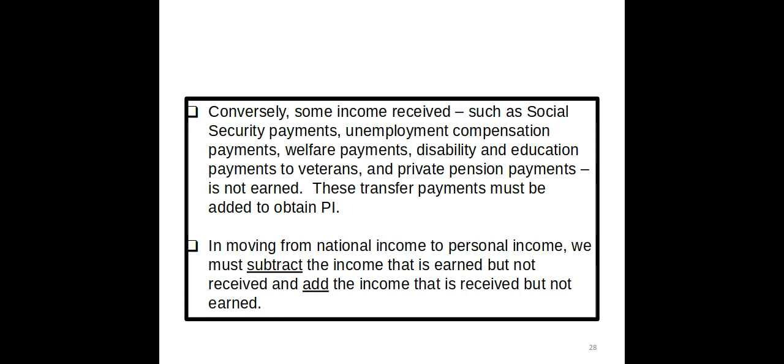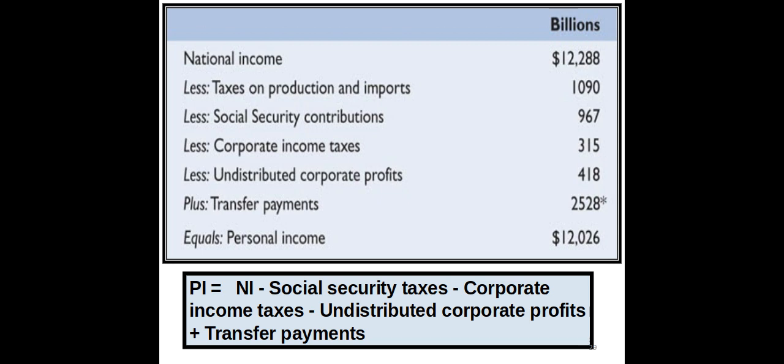So, to get personal income from national income, we subtract out income that's earned but not received, so money that flows out to taxes and things like that, and add income that's received but not earned. So, at the end of the day, this gives us how much of our country's money is sitting in households. I like to think of it as what actually gets to the households.